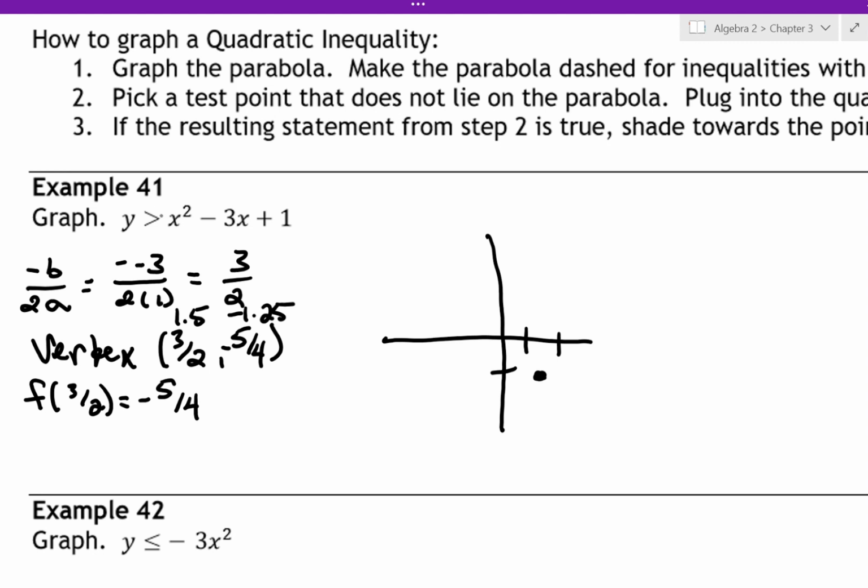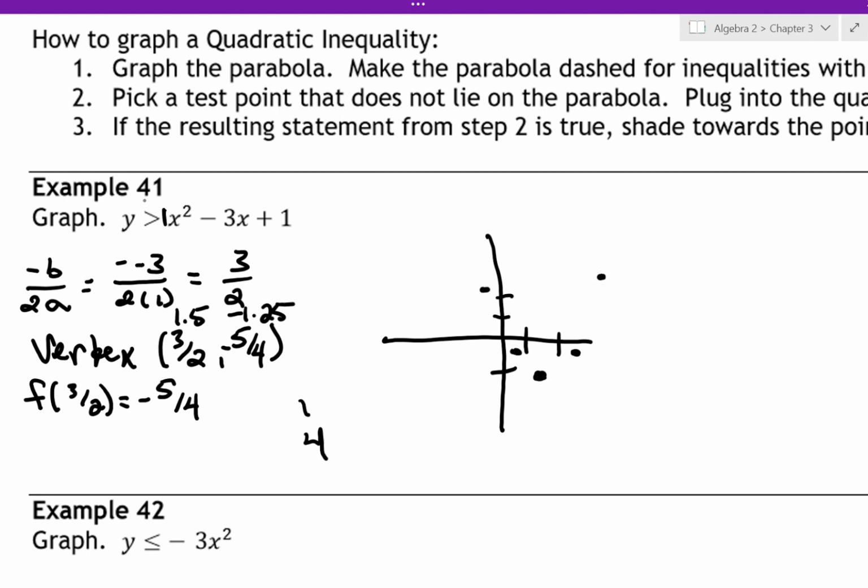Our a is 1, so we could use the numbers 1 and 4. So up 1 over 1, that would put us right in that region there. And then up 4 and over 2 would put us, well, we were at negative 1 1/4 plus 4, which is going to be 2 3/4, over right in this region, and then over in this region.